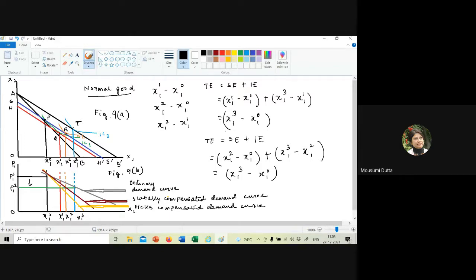I'm just giving a para on inferior goods, and then we will come to the diagrammatic analysis.